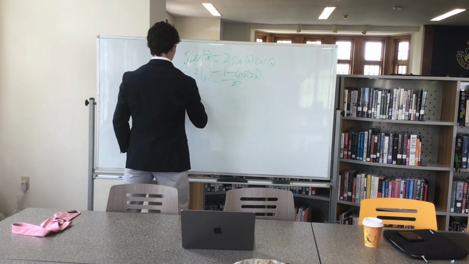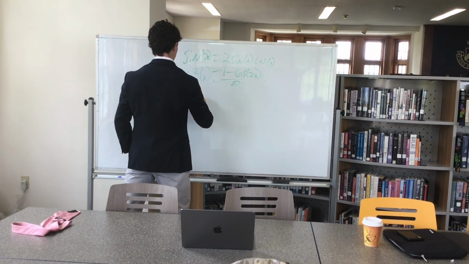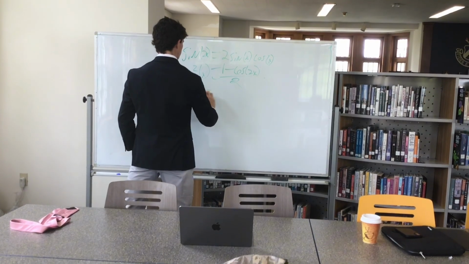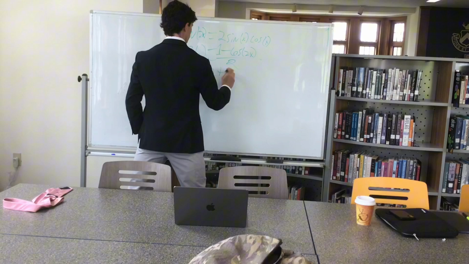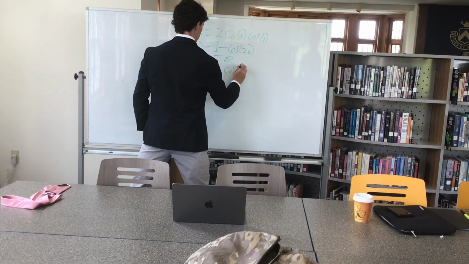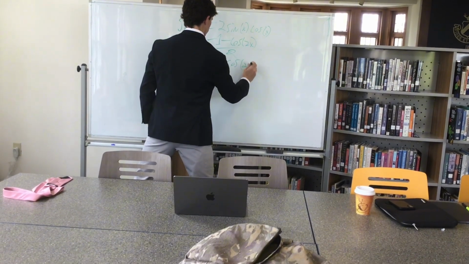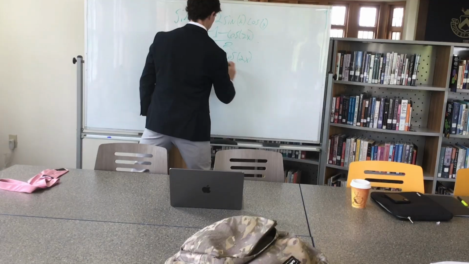And cosine squared of x equals 1 plus cosine 2x divided by 2.